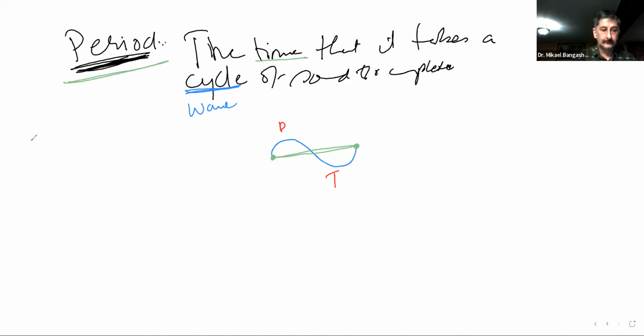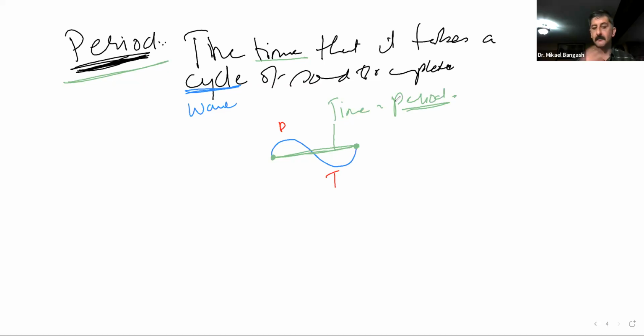Now, guys, since it is something that is going to be measured in terms of time, there should be no doubt that the unit we measure this in is a unit of time, and that will be called the period. So the unit of period is going to be the unit of time. Any unit of time can be used to express the period.